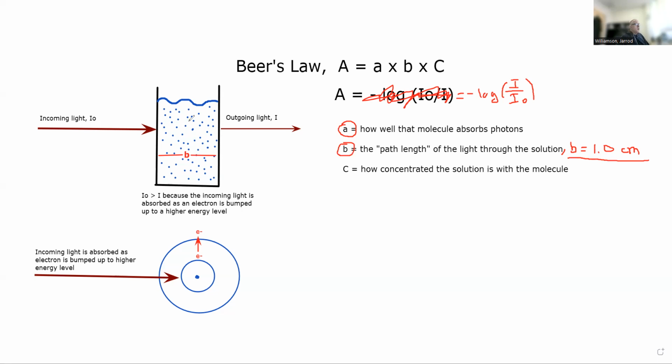And then it also depends on how concentrated it is, because the more molecules we have in there, the more crowded it is, the more molecules the light beam is going to run into, and the more absorption we will have, which leads us to what's called Beer's law.